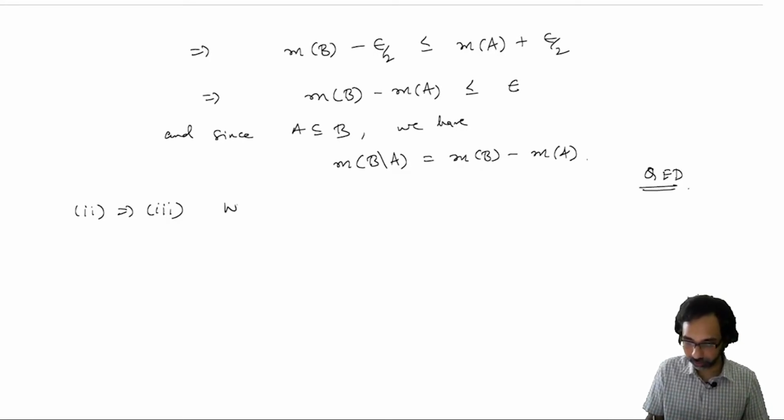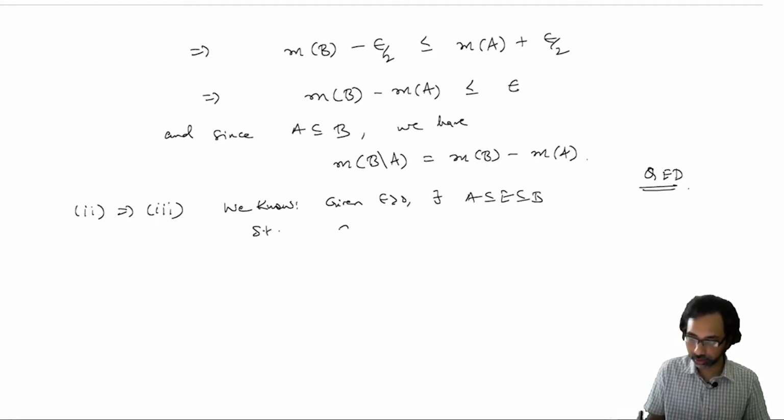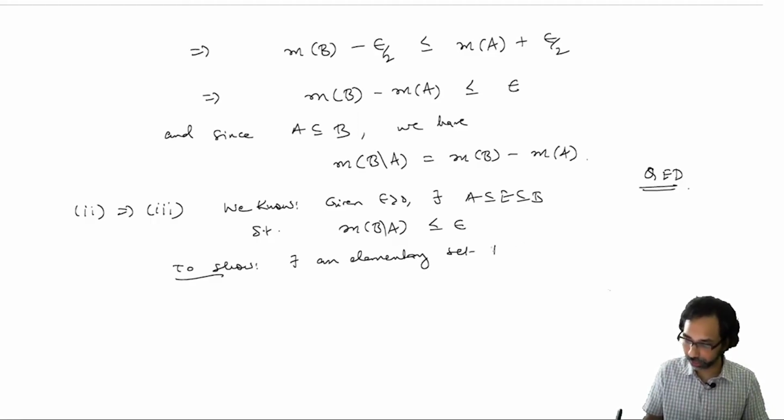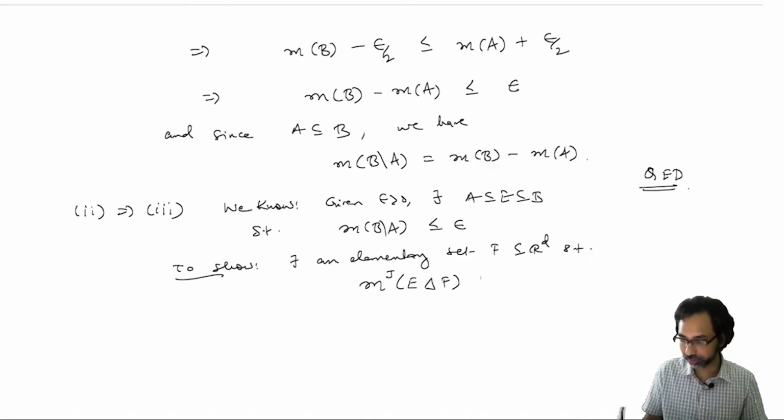So here we know that given epsilon, there exist A and B again, such that the measure of the difference B minus A is less than or equal to epsilon, and we have to show that there exists an elementary set F of R^d such that the outer Jordan measure of the symmetric difference is less than or equal to epsilon.